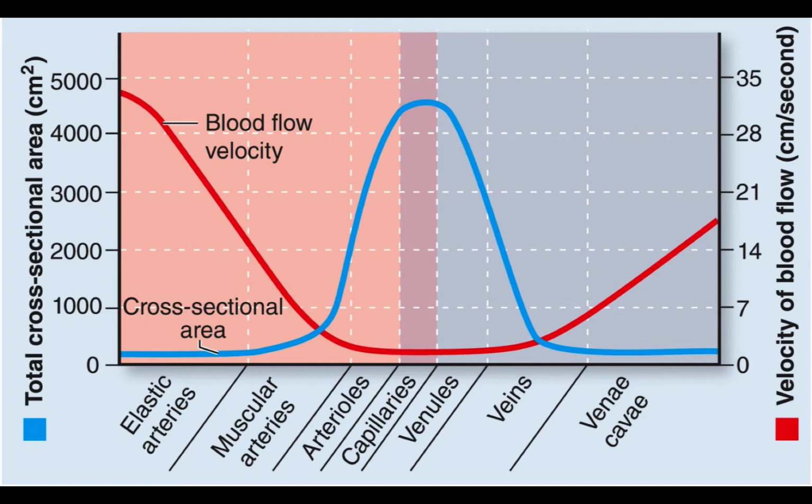So this large cross-sectional area means that there's a lot of room for diffusion, and it also means that the blood going through each individual capillary is going very slowly. So this is the perfect thing for diffusion because it allows the nutrients to go into and out of the blood very easily at these capillaries, and then they can go through the veins and get to the heart and be pumped to different parts of the body.